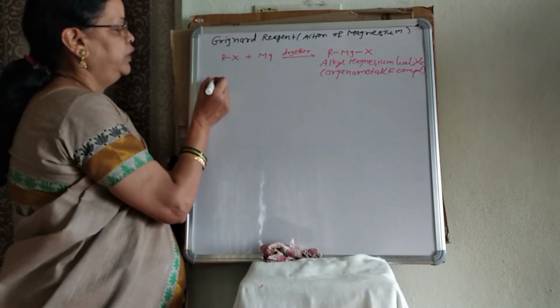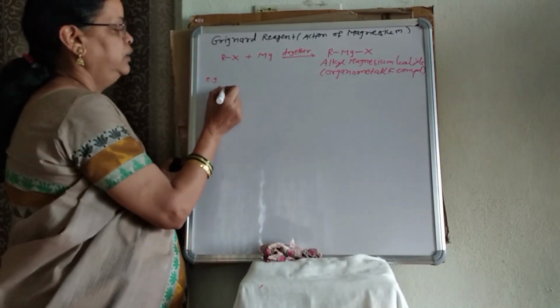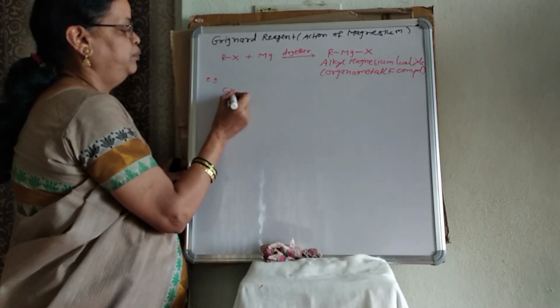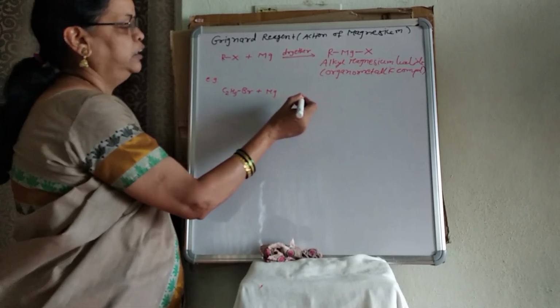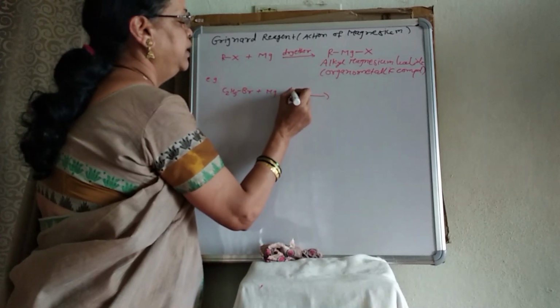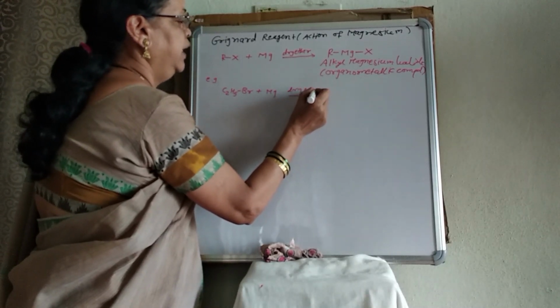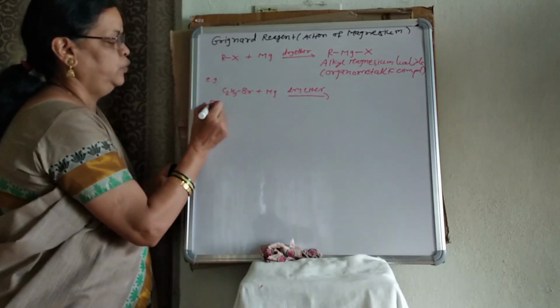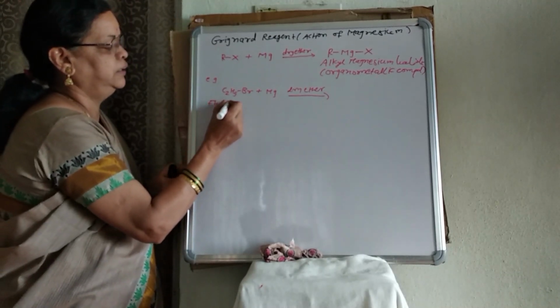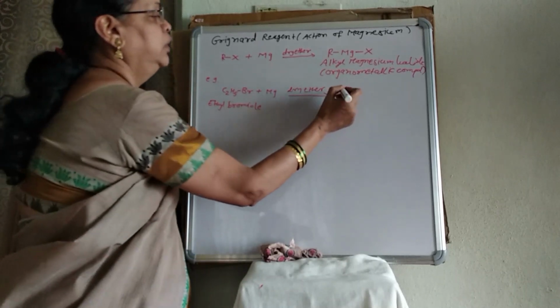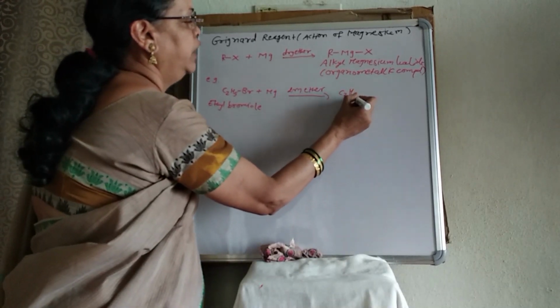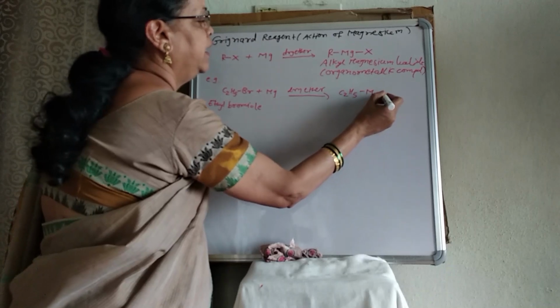For example, you can take an alkyl or aryl halide, like C2H5Br, or you can take iodide, which is more reactive. In the presence of dry ether, the reaction takes place. So ethyl bromide reacts with magnesium to form C2H5MgBr.